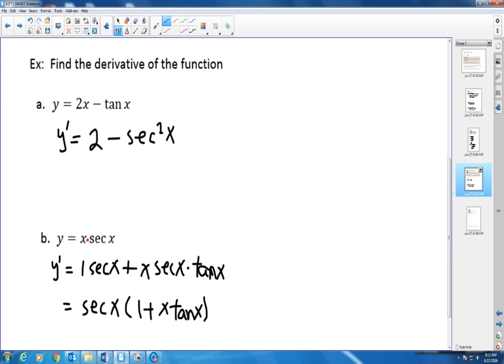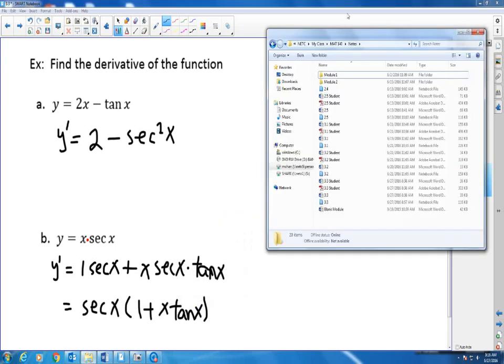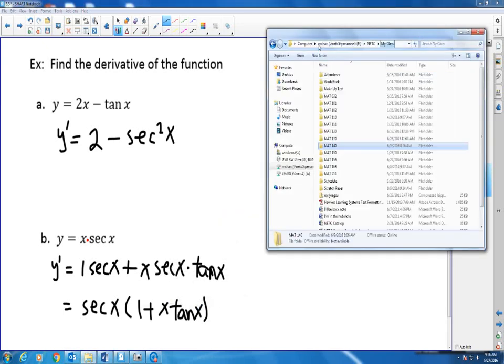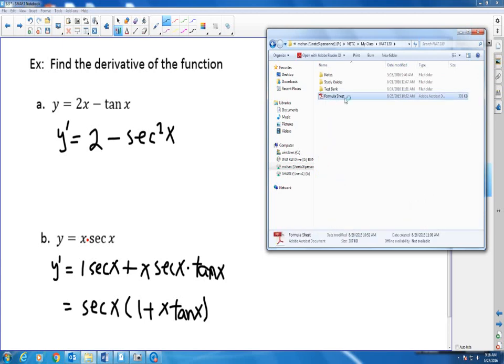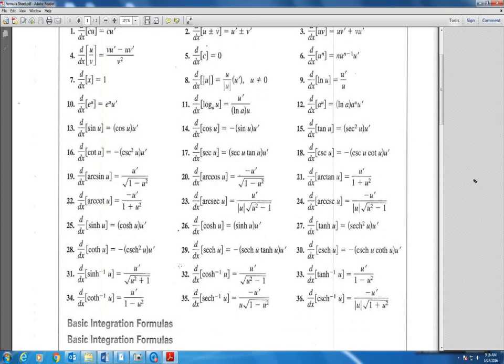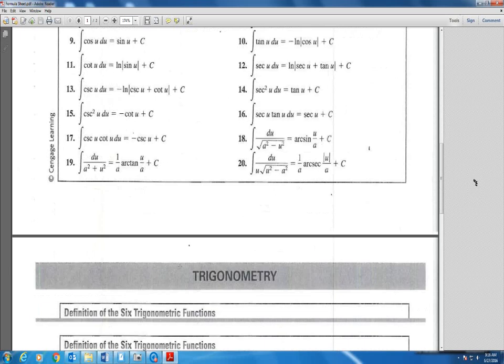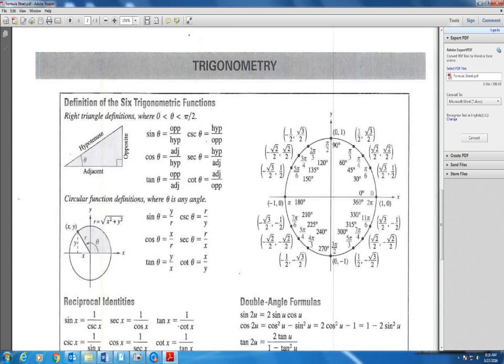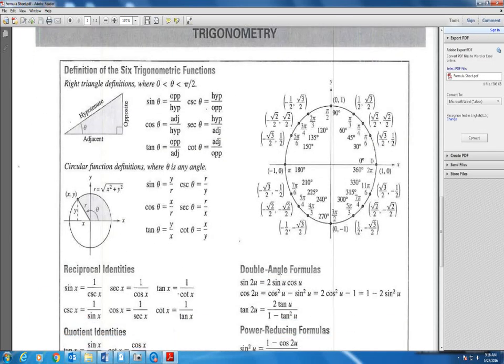Now before we move on, let me go to the formula sheet. Let's take a look at it. On the formula sheet, there's one of the pages on trigonometry alone.